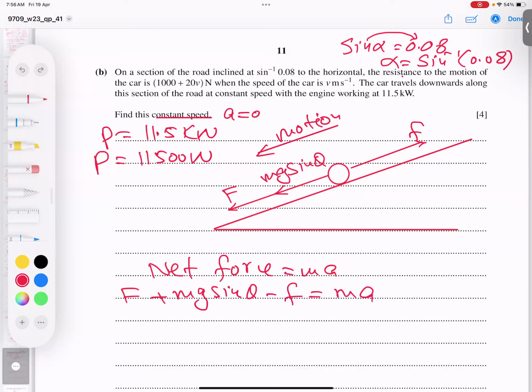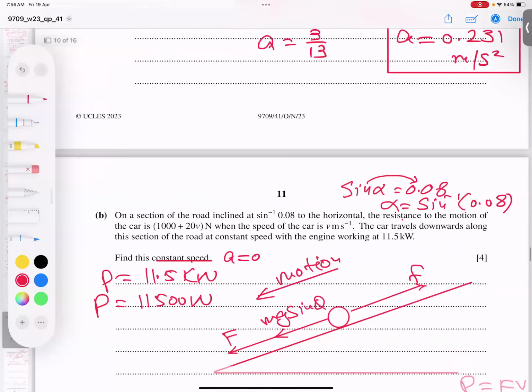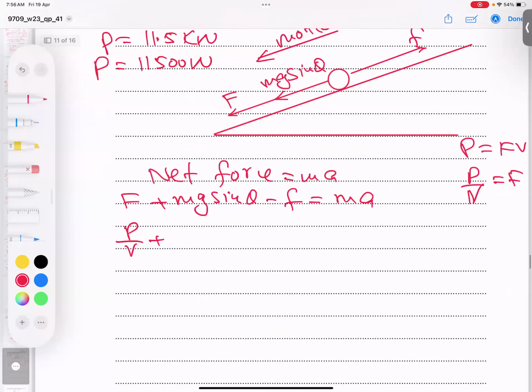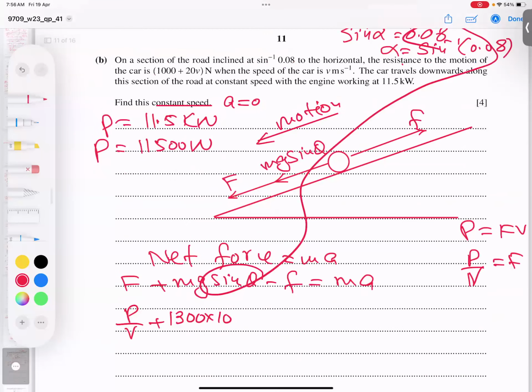For the applied force, we know the formula: power equals FV. F goes down, so power by V is equal to F. I am putting this value here. Mass, I think we know it, 1300. And gravity 10, and sine theta or sine alpha, I will take 0.08.